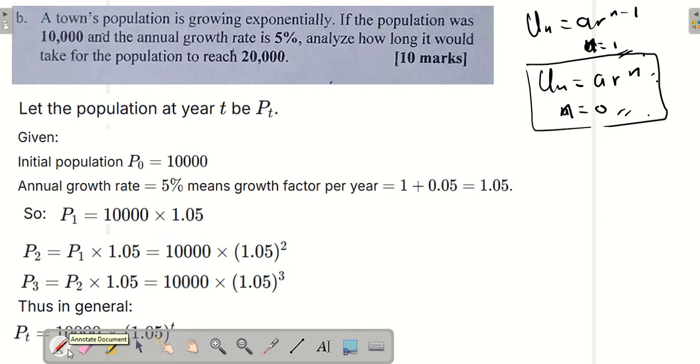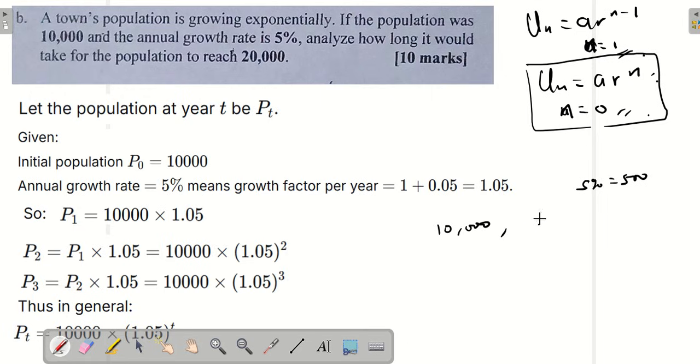Now let's start with 10,000. Let's find 5% of that. That will give me 500. 5% will give me 500. It means that if I want to find my next term, it is going to be the 10,000 minus the 500.